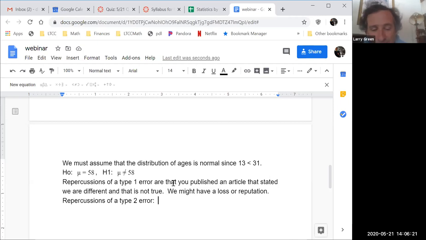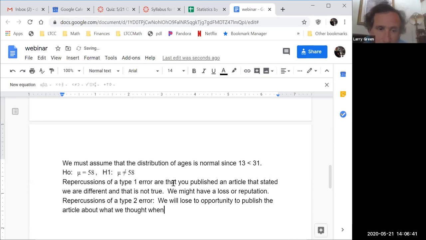So what's going to happen is we will lose the opportunity to publish the article about what we thought, when in fact what we thought was correct.